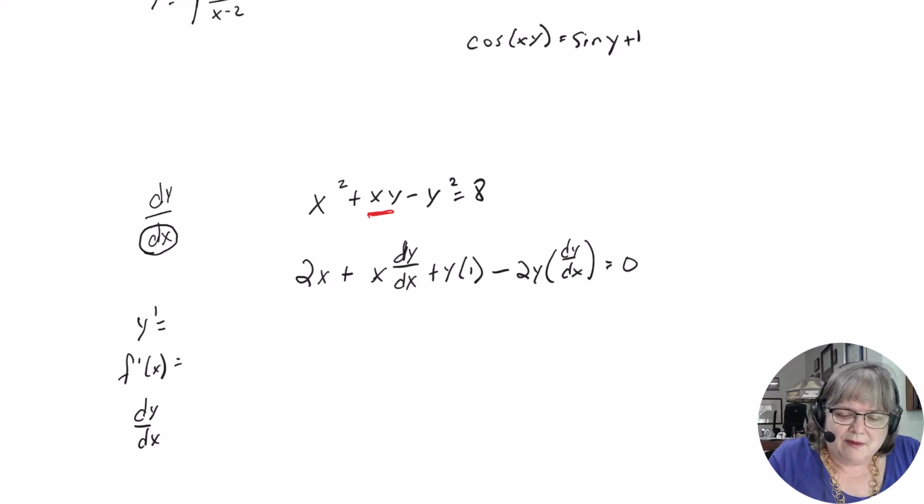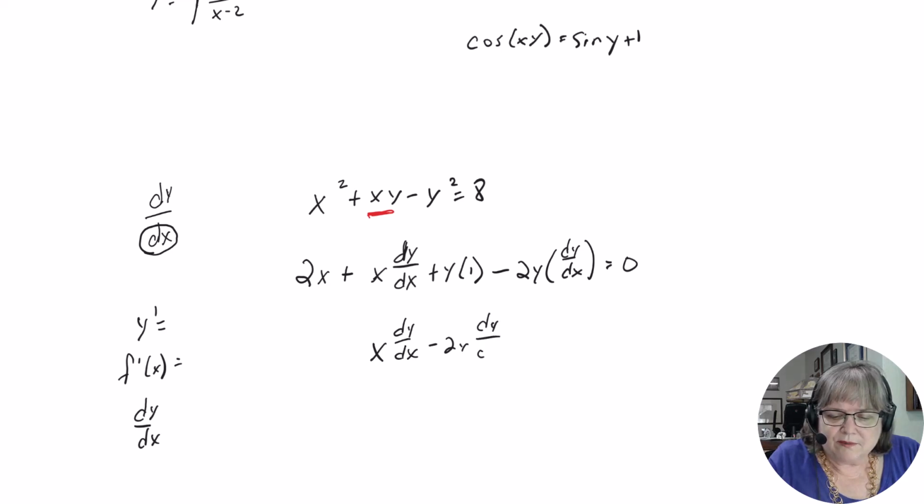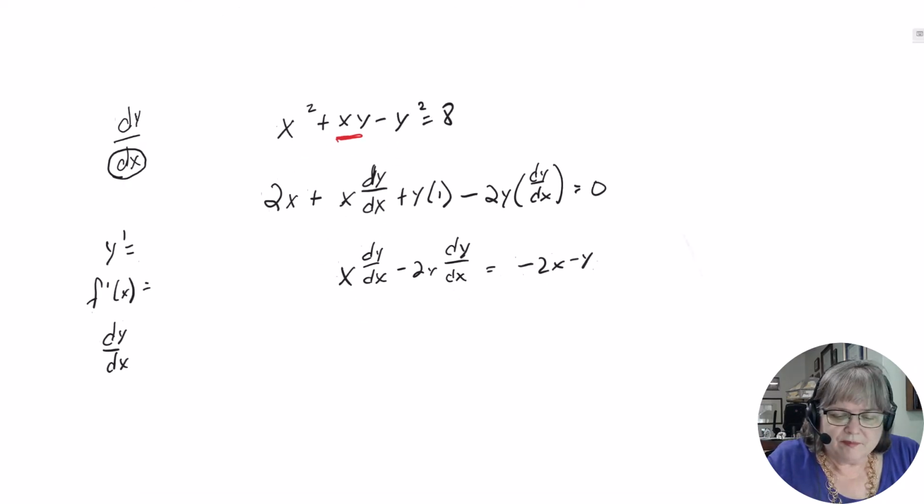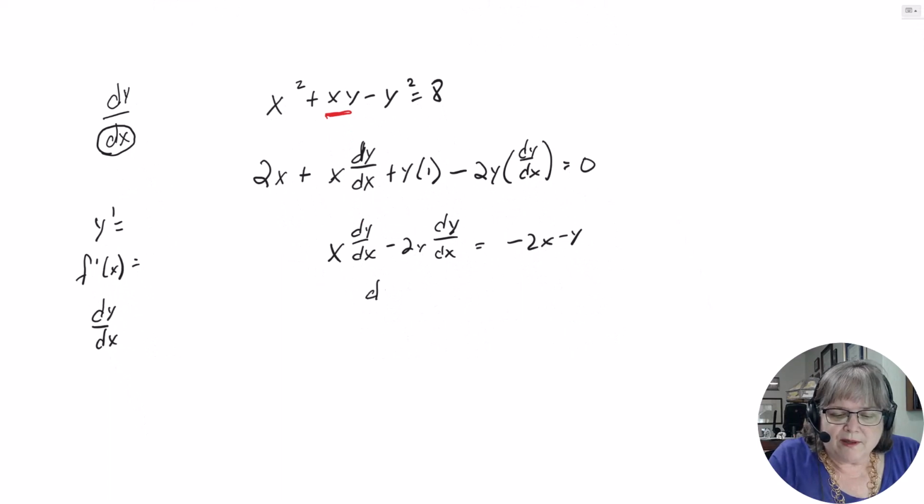So I have an x dy dx term, and I have a minus 2y dy dx term. And I'm going to move everybody that's not a dy dx over to the other side. So I would have a minus 2x and a minus y. Then I'm going to factor out the dy dx.